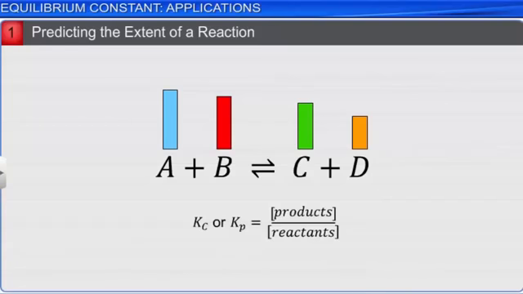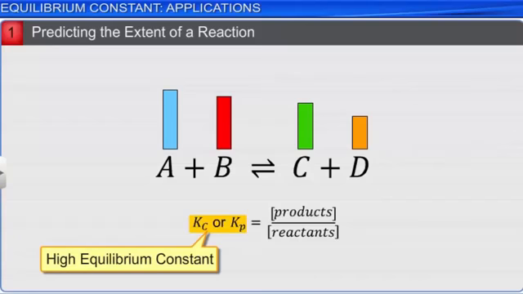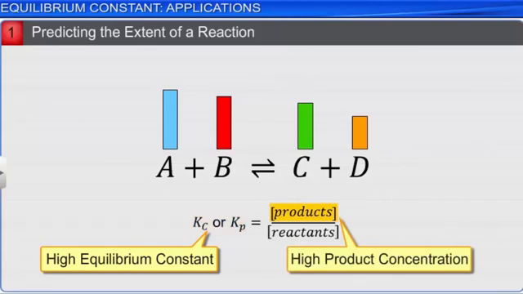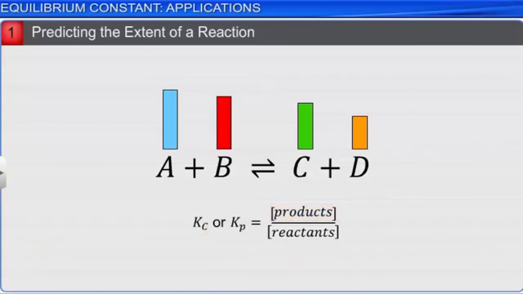Hence, a large value of an equilibrium constant indicates a high proportion of products to reactants, and vice versa. The magnitude of the equilibrium constant, Kc or Kp, indicates the extent to which a reaction will proceed.